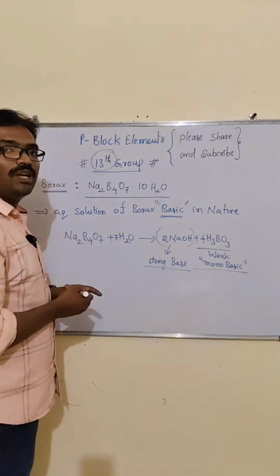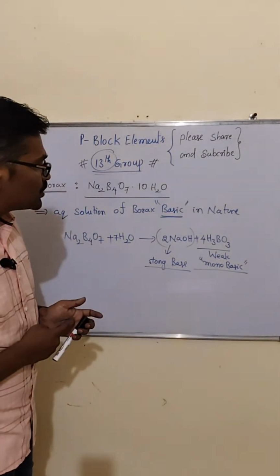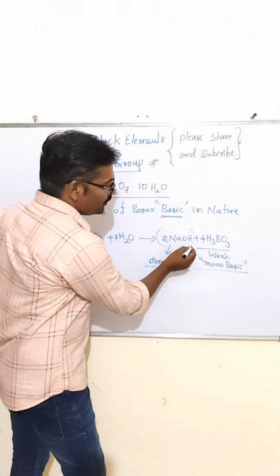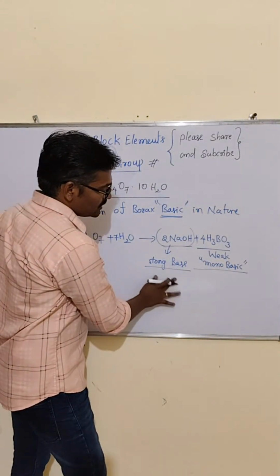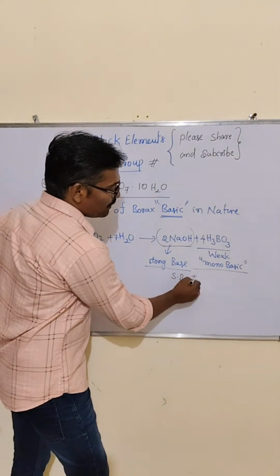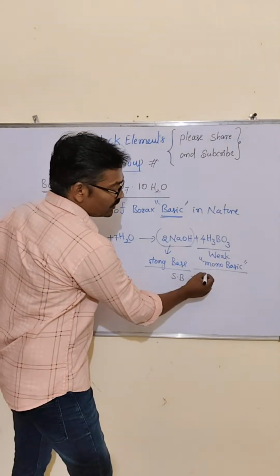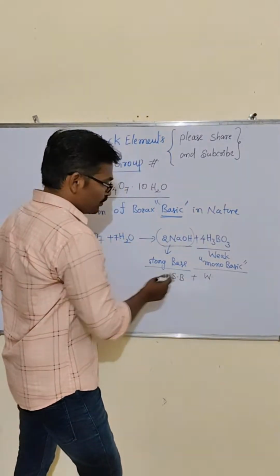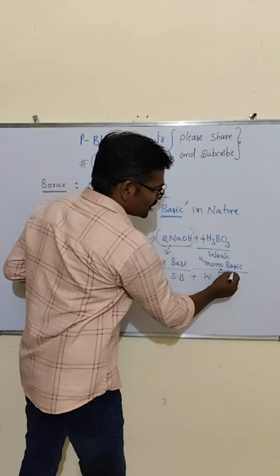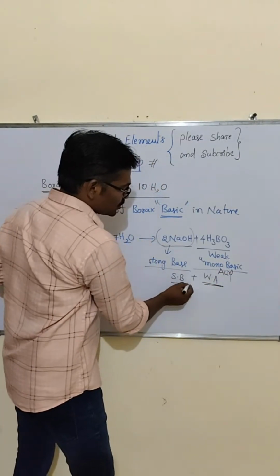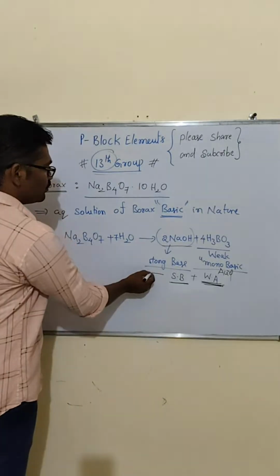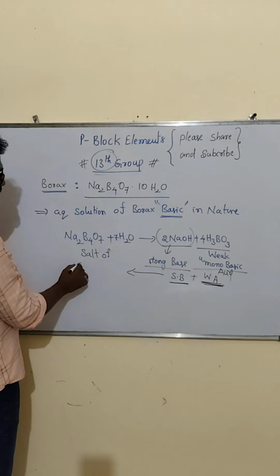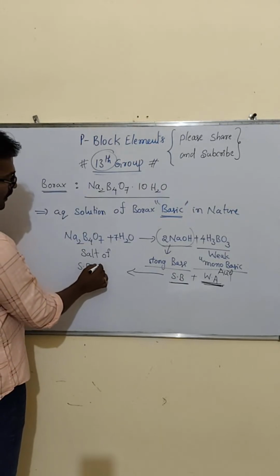Okay, my dear students, you can observe one more thing here. Here the weak monobasic acid is there, and the strong base is there. By adding these two, this salt is formed. We call it the salt of a strong base and a weak acid.